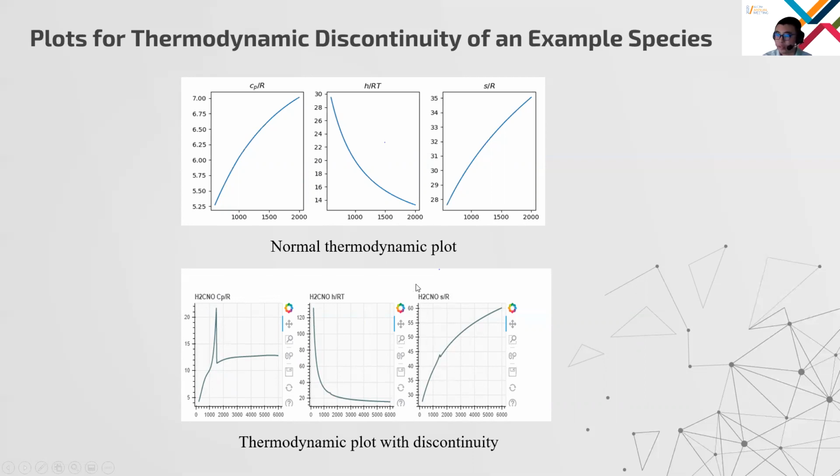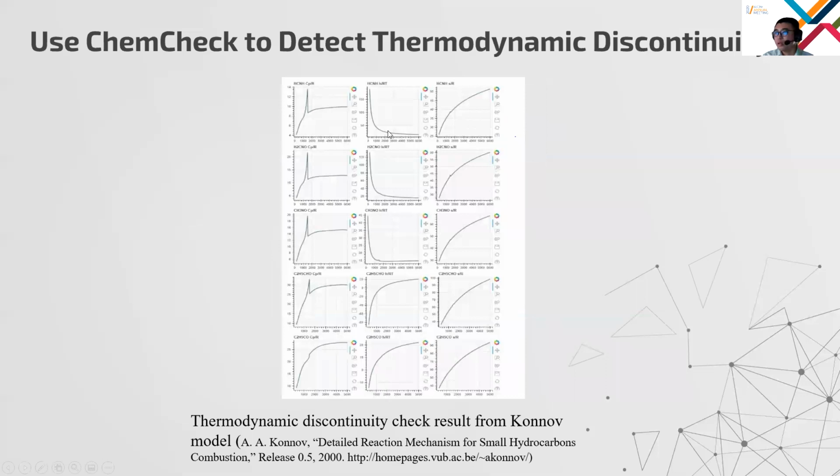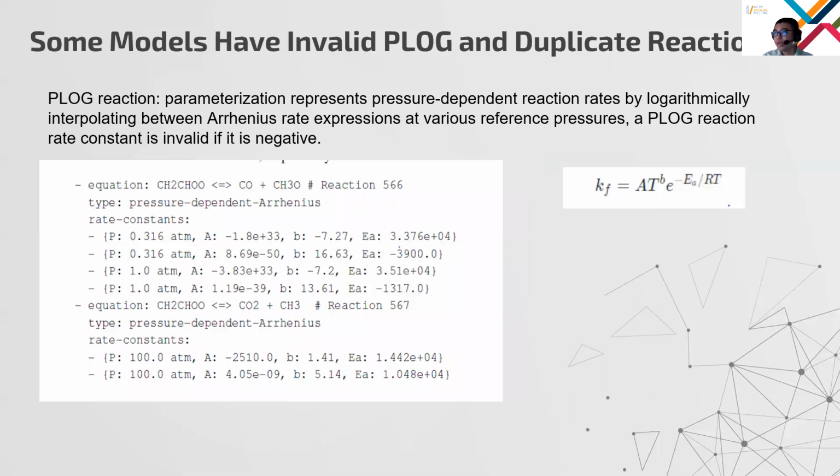So if you are using Cantera to simulate the process at the mid temperature, it's likely to cause the internal ODE solver to crash. So Chemcheck can help users to go through all the species in the model and plot all the species with thermal discontinuities out. So this is the result after we use Chemcheck to check for a model made back in 2000. And we can also help to check for invalid PLOG and duplicate reactions.